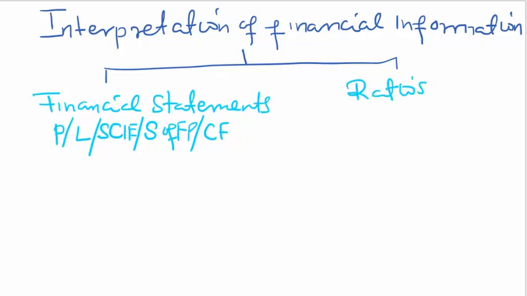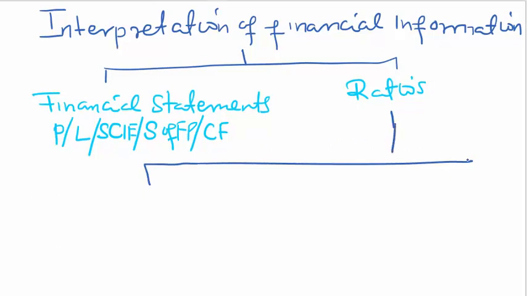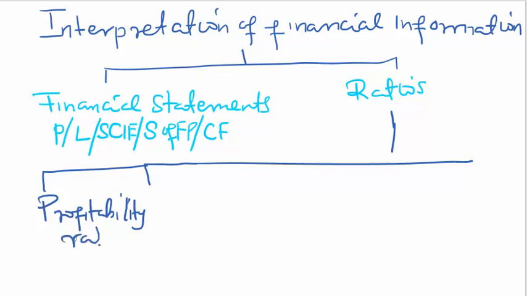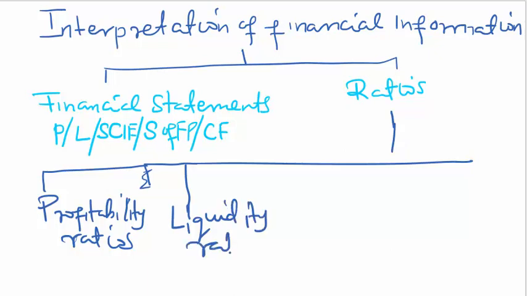And there are a number of ratios that are of interest when making decisions. The list could be endless, but the main ones that we'll look at will be 5. Let's look at profitability ratios. We will look at liquidity ratios.